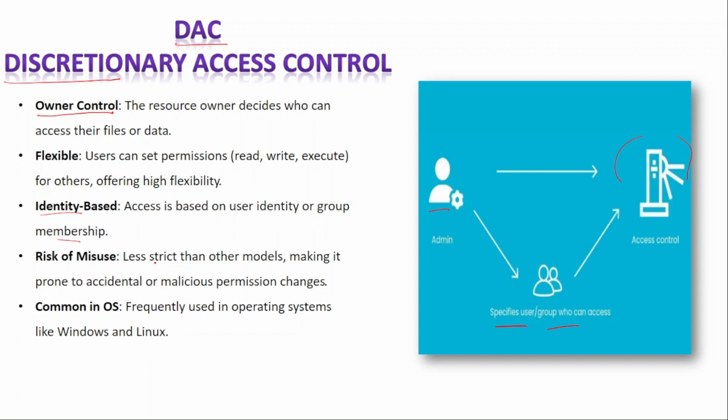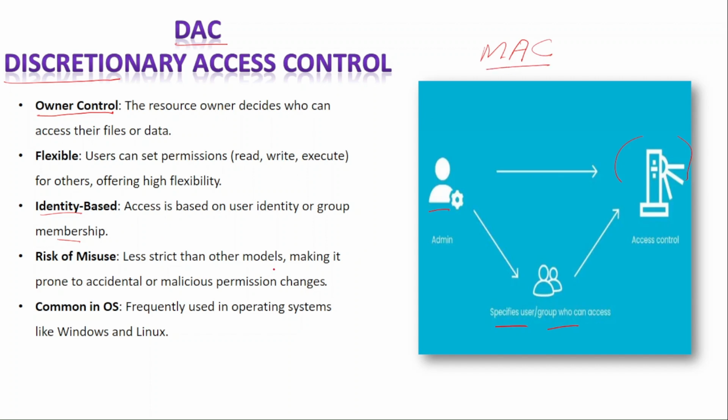Risk of misuse, less strict than other models. If you have something of very high security nature or very sensitive, you won't want to use this model. You will need to use another model which has more strict access control, such as MAC, mandatory access control.